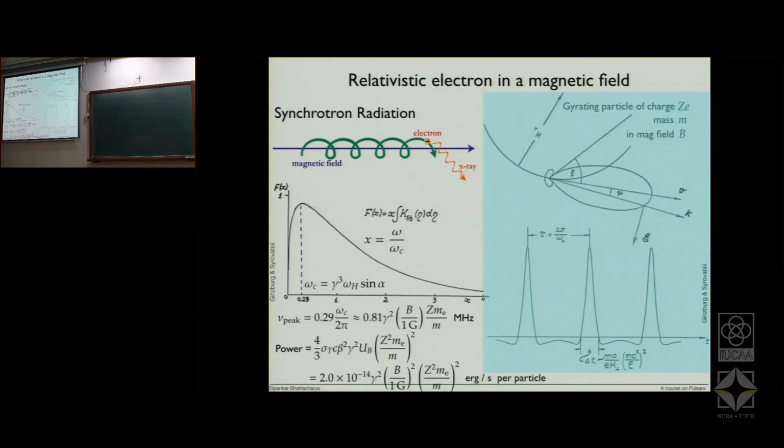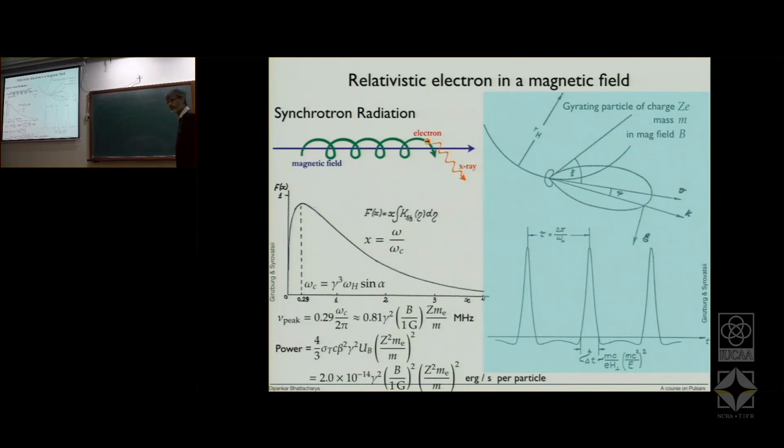So this gamma which you are talking about comes from a velocity as seen by an observer. Which observer? The observer at rest with respect to the magnetic field.